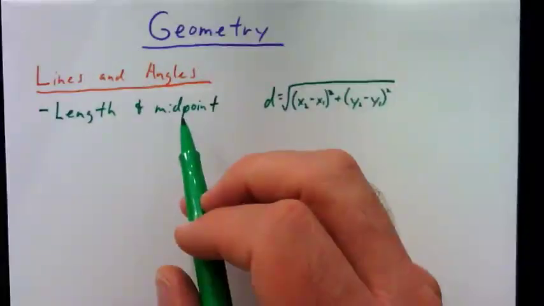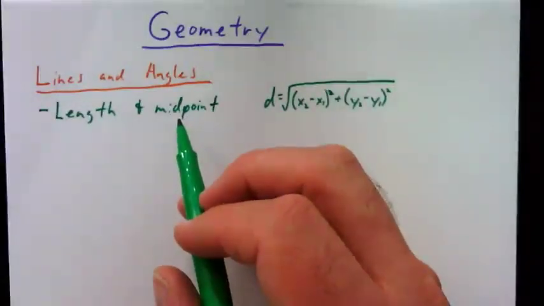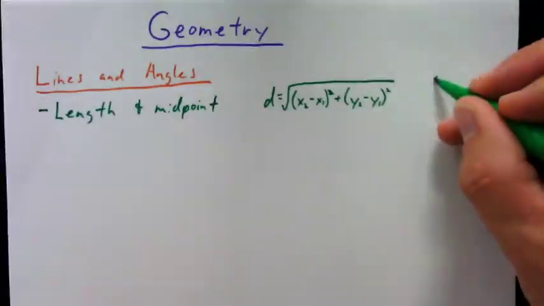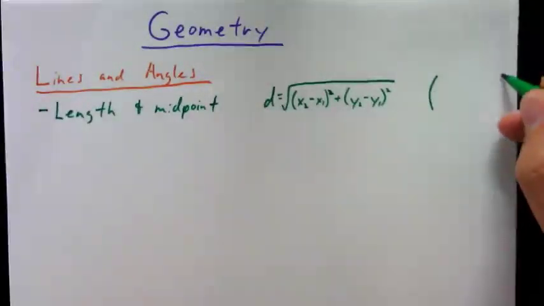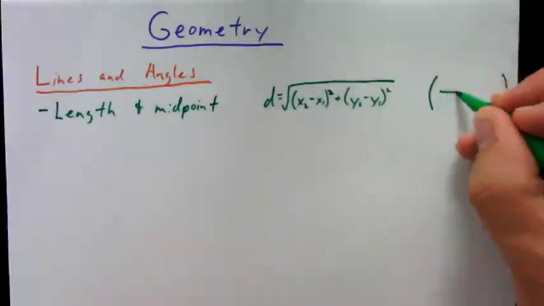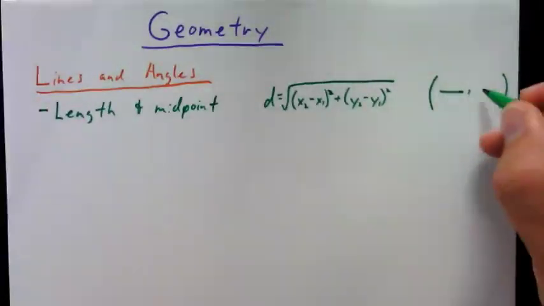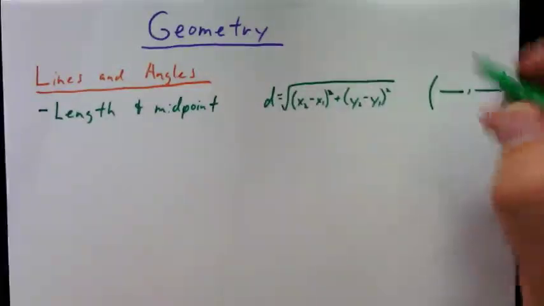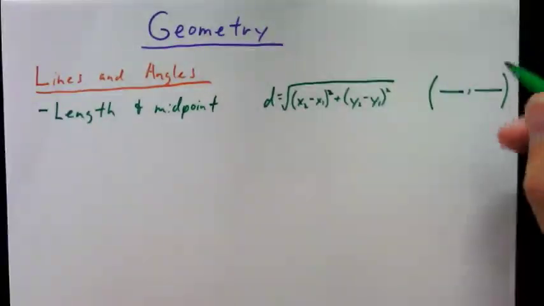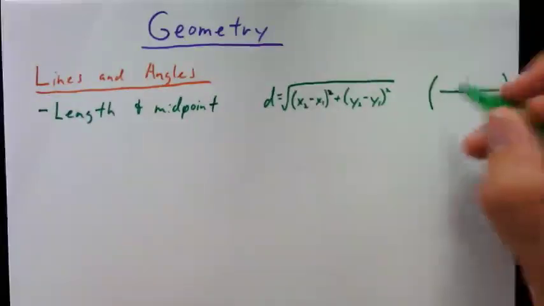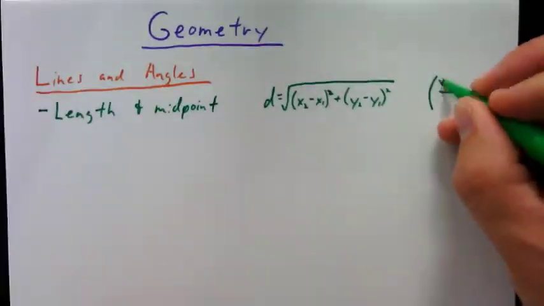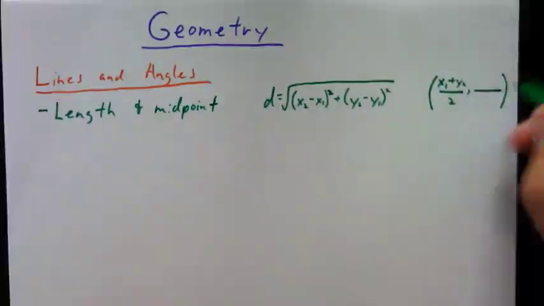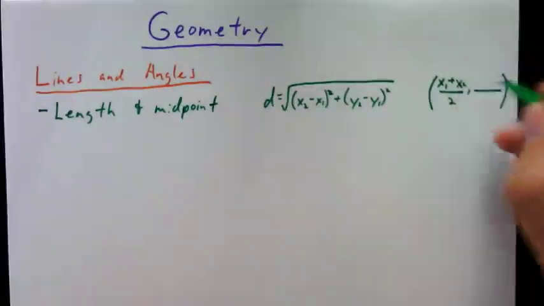For the midpoint's in the middle. So it's an average of your 2 points. So for midpoint, and this one's also a formula. But these are pretty much the only two formulas that we're going to go over today that are not on your reference sheet for SAT. So to find midpoint, you do the average of the two x values. So x1 plus x2 divided by 2. Oops, that's an x.